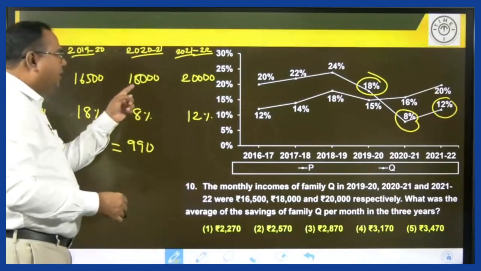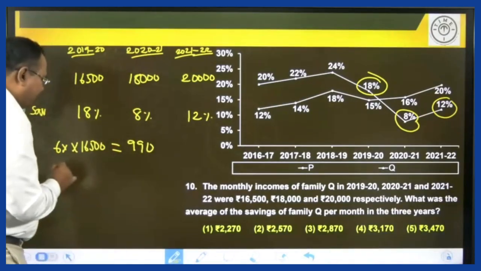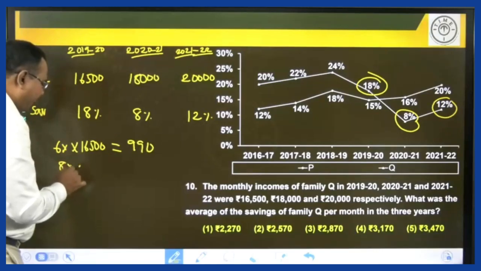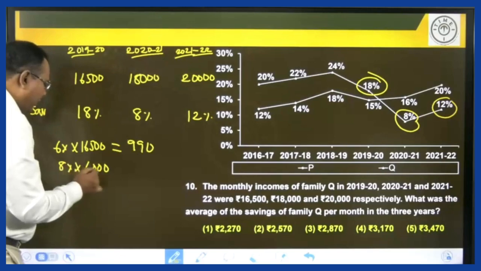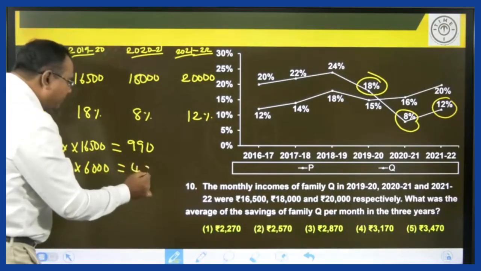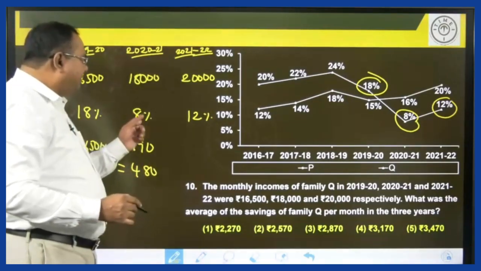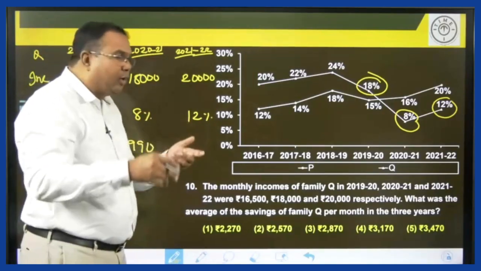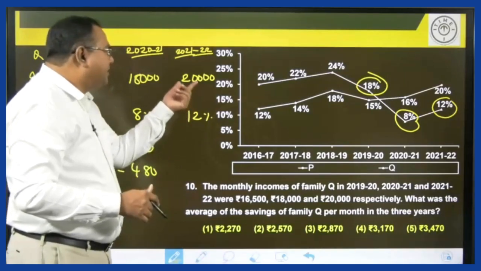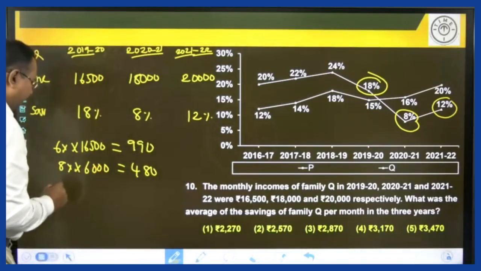We will add all this. By 3 means it is 6,000, 8% of 6,000, so 480. See, 18,000 divided by 3 is 6,000, and 8% of it is 480. Then 12 by 3, 4%, so 4% of 20,000.